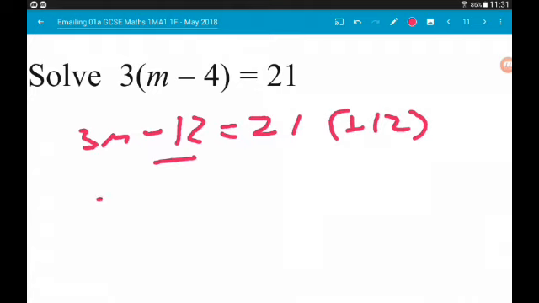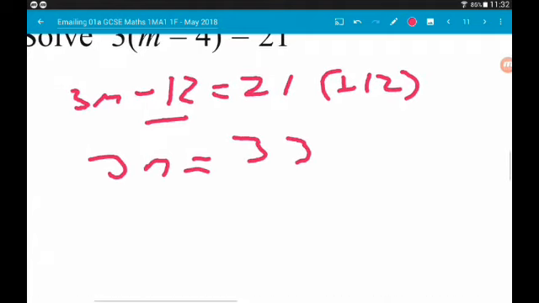So that's going to give us 3m is equal to 33. And then that 3 is multiplying the m, so to get rid of it, we divide both sides by 3. And we get m is 11.